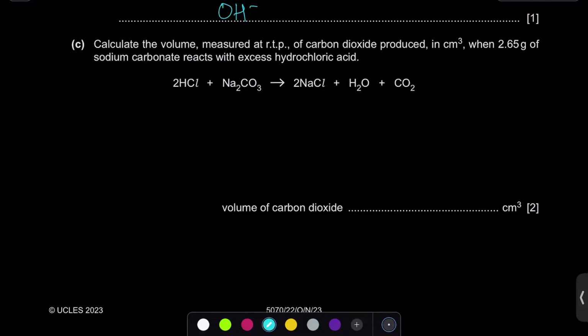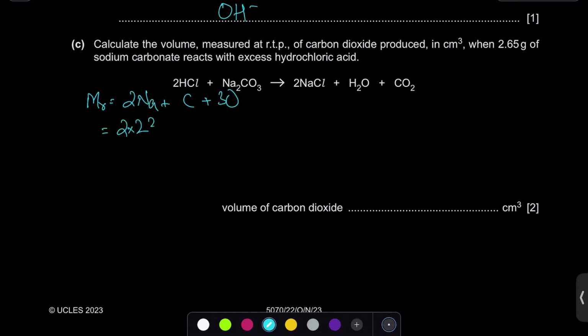Calculate the volume at room temperature and pressure of carbon dioxide produced in cm cube when this much sodium carbonate reacts. So now the limiting reactant is sodium carbonate and they have given you its mass. We have studied many methods for this, I made you do 3 methods. But the easiest one is first find out the moles of sodium carbonate. So we will need its Mr. So Mr is going to be 2 sodium plus carbon plus 3 oxygen.